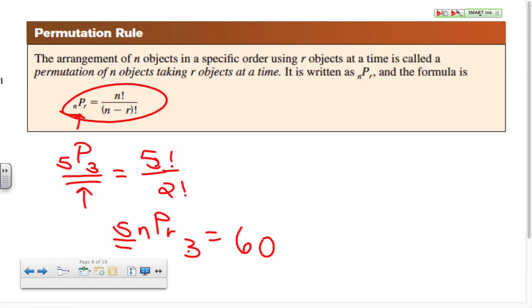So 5 is for the total amount, and 3 is how many I'm choosing. I'm not choosing the 5. So do 5 first, then shift, and 3. Makes sense?